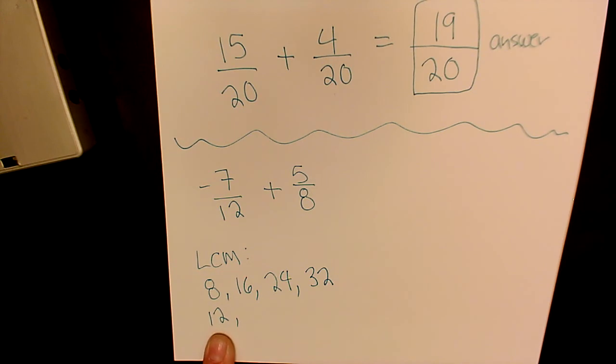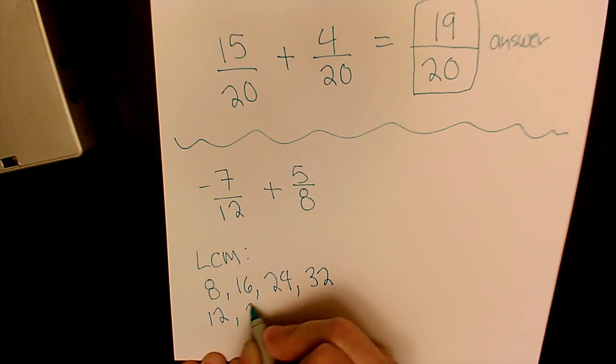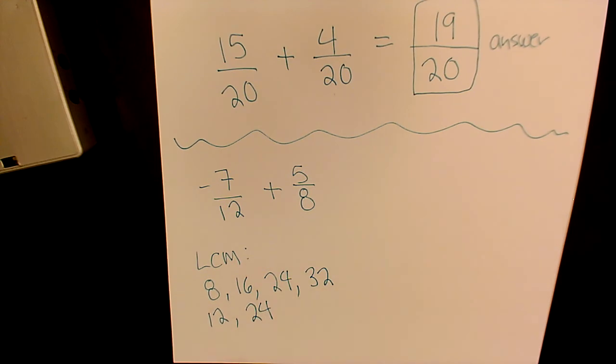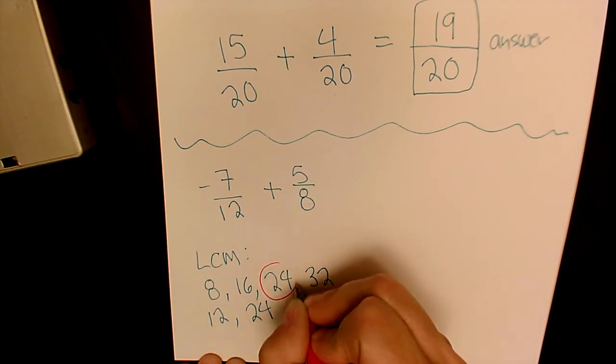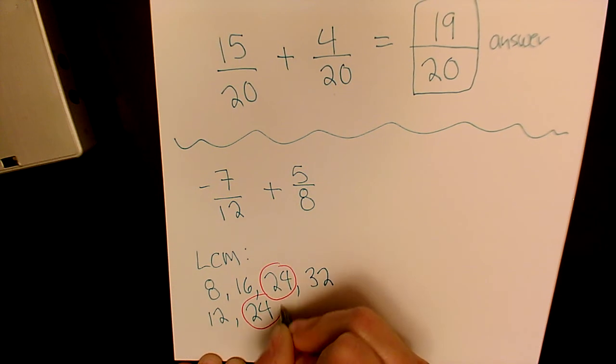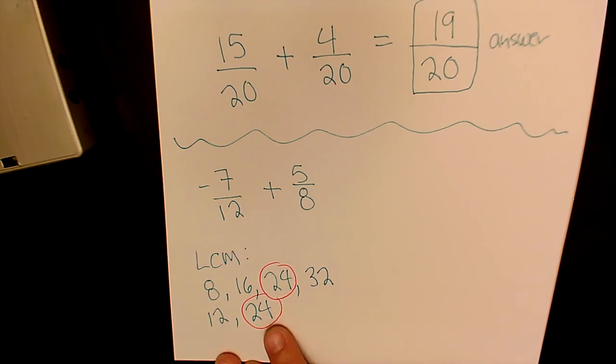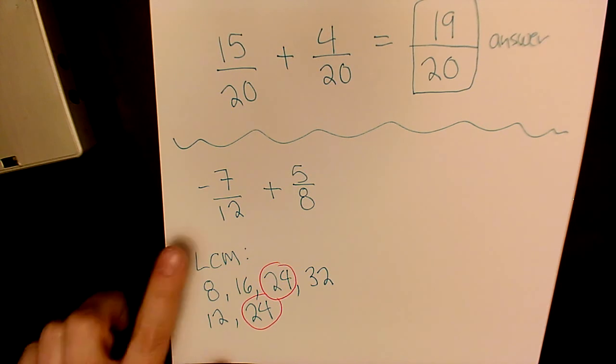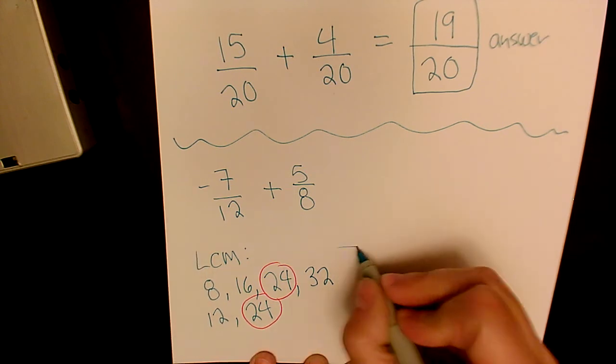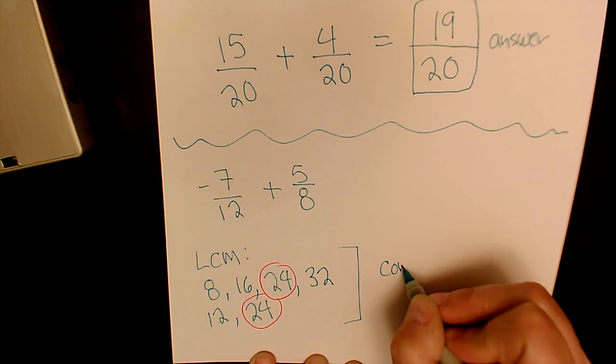And 12 times 1 is 12. 12 times 2, or adding on another 12, is 24. So I know my common denominator is going to be 24. Or if you would like to do a tree, you can do the tree, and you will get the same answer, 24. Okay, so common denominator is 24.